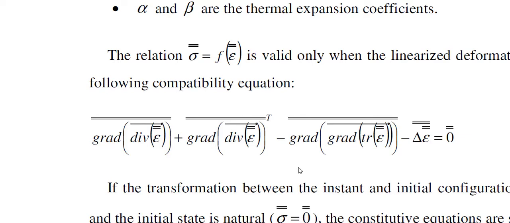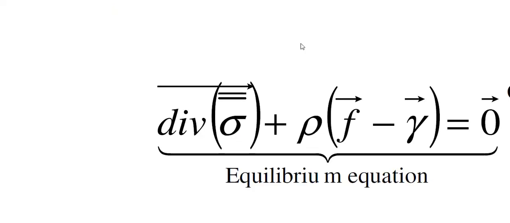Because we know exactly the form of the displacement vector which gives the tensor epsilon. Since we know the form of the displacement vector, necessarily the linearized deformation tensor epsilon will be kinematically admissible. It is to note also that the stress tensor sigma should be statically admissible.